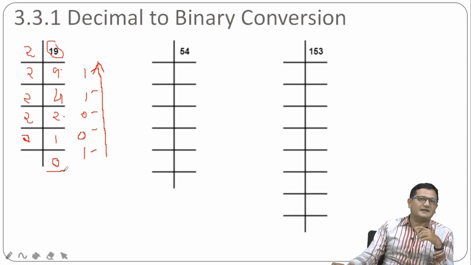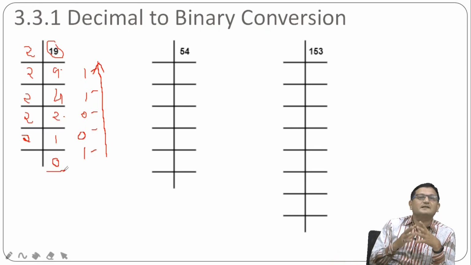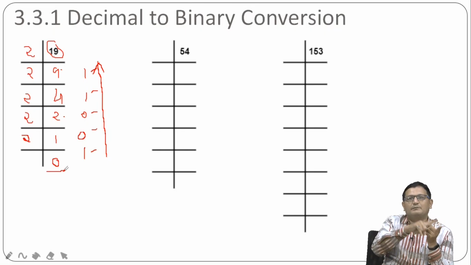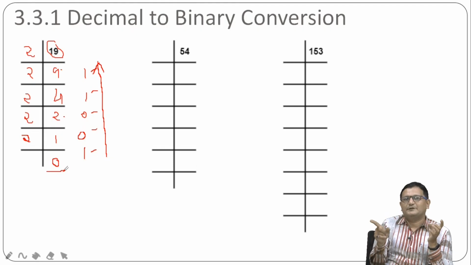Now, one question will arise in your mind: sir, why are we dividing the number by 2? Because you are converting a decimal number into binary, and what is the base of binary? It is 2.